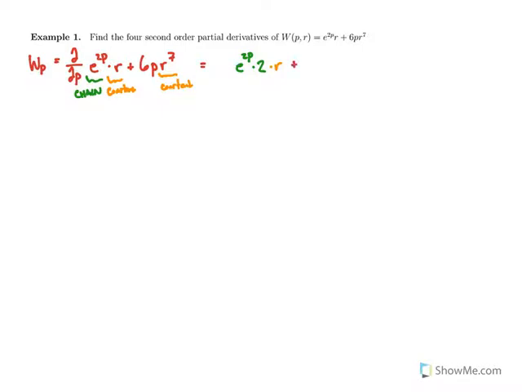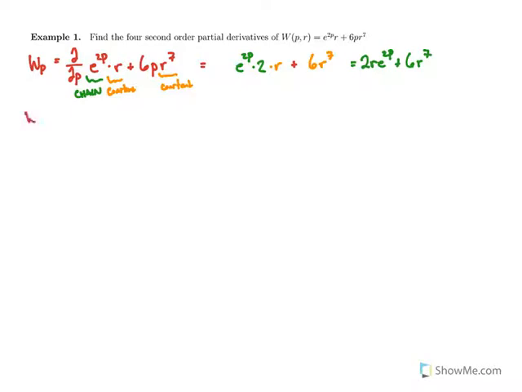R to the seventh is a constant, 6 is just a constant, times p, so that's just going to give us a 6r to the seventh, the constant there. So rewriting this in a nice way, this is equal to 2r e to the 2p plus 6r to the seventh. That is w sub p.